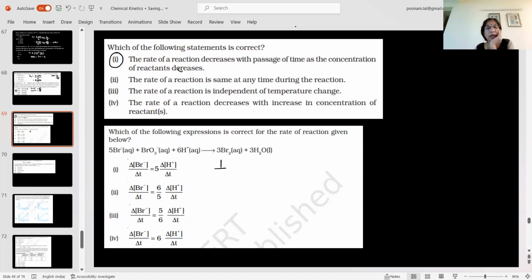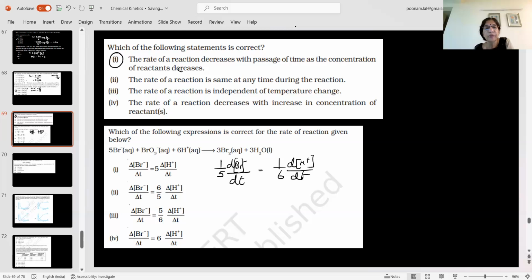So the rate of disappearance with respect to Br minus will be 1 by 5 delta Br minus upon delta t, equal to 1 by 6 delta H plus by dt.